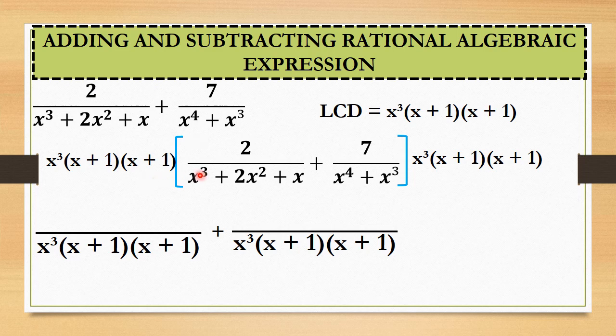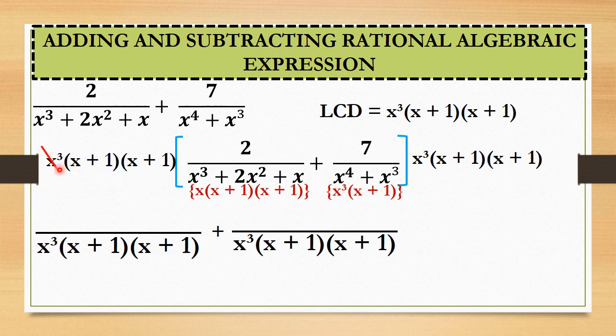Okay. So, remember yung factor ng x cubed plus 2x squared plus x ay x times x plus 1 times x plus 1. And x to the fourth plus x cubed, ang factor niya ay x cubed times x plus 1.